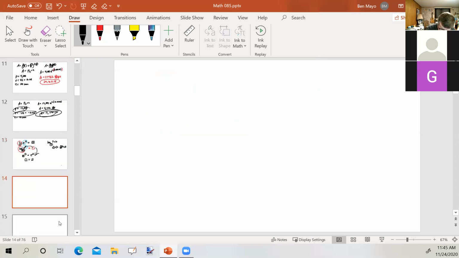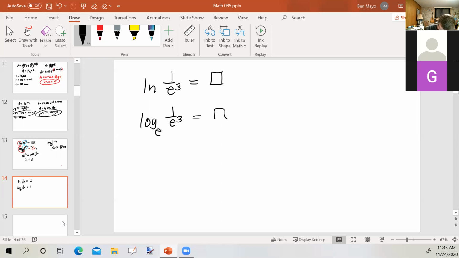Yes. The natural log of 1 over e cubed. Evaluate this expression. Well, that's equal to some unknown quantity, but ln is log base e. So we have log base e of 1 over e cubed equals some unknown quantity. I'm going to change this logarithmic equation into an exponential equation.